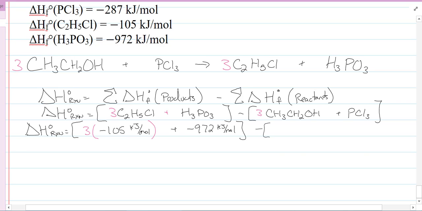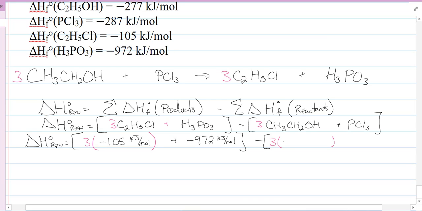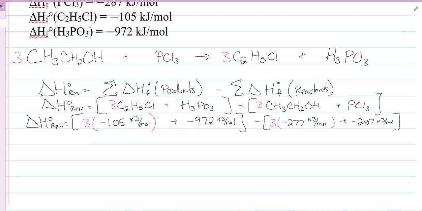Minus 3 times that one, negative 277 kilojoules per mole, and plus a PCl3 would be negative 287. Delta H then of the reaction seems to be negative 169 kilojoules per mole.